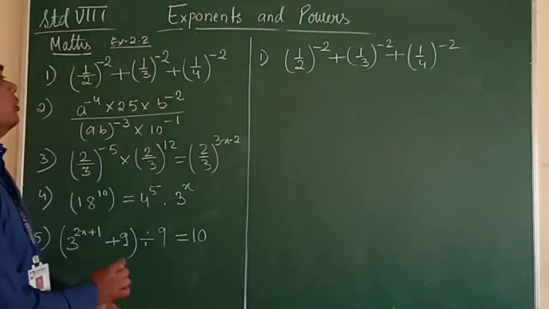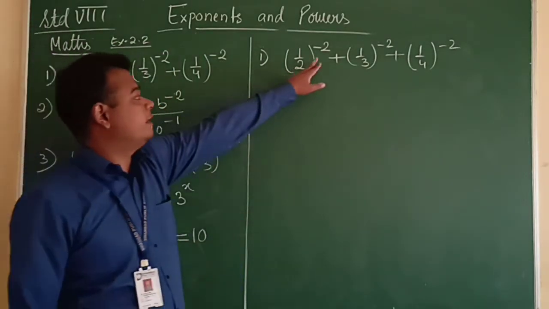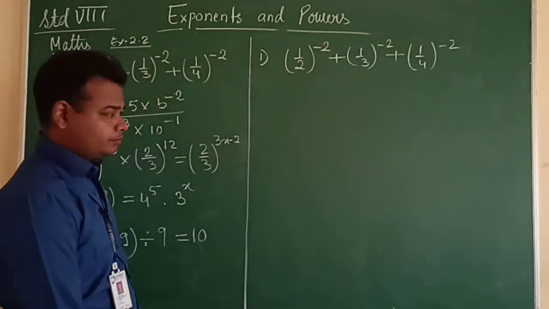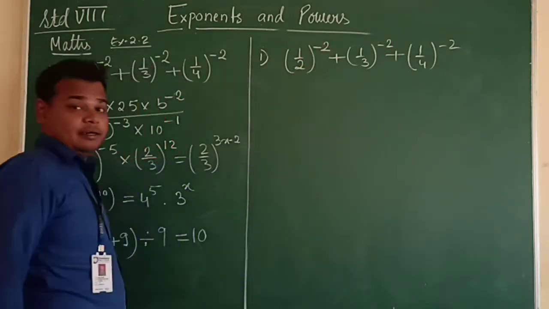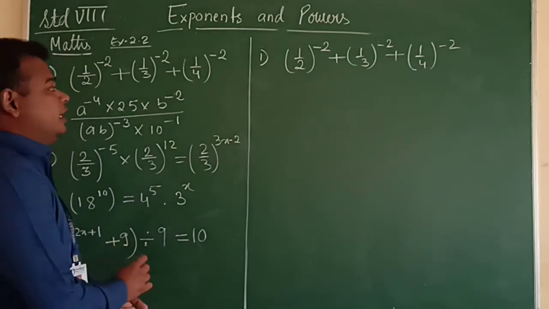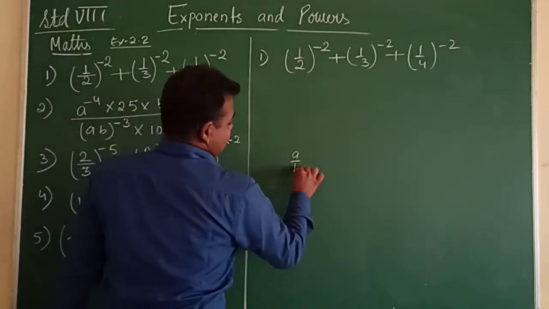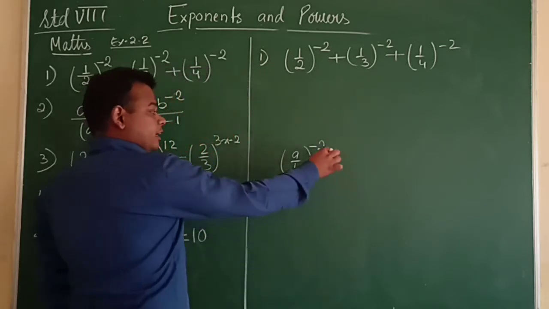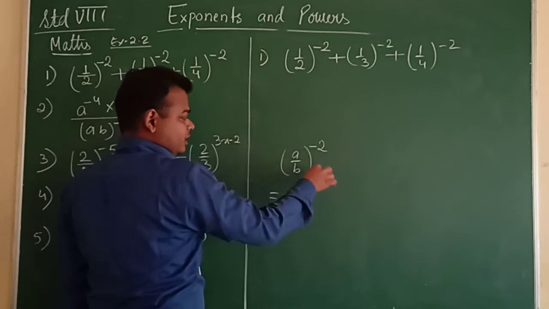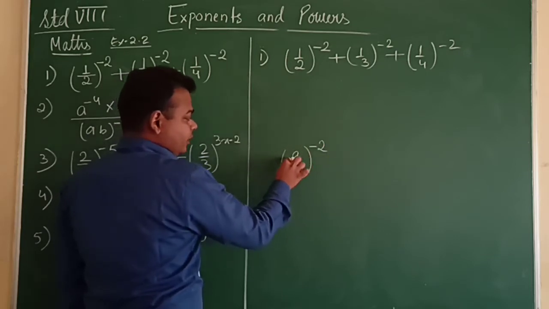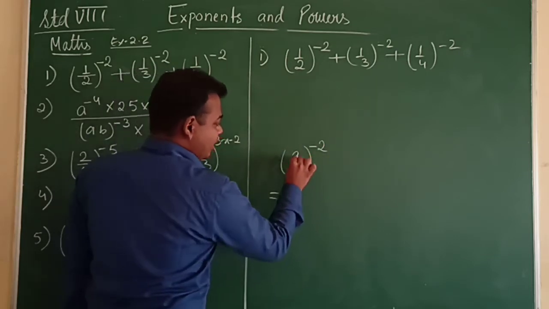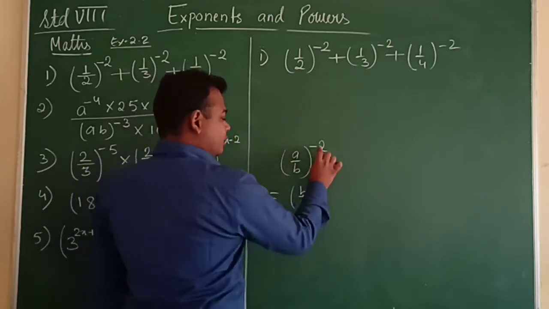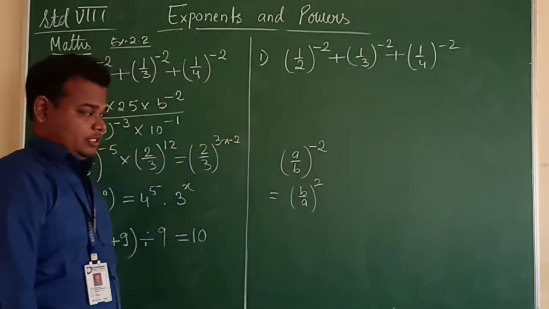Now students, whenever you get a power in negative form, try to convert the power into its positive form, as we have already learned in the laws of exponents. We can convert the power from negative to positive by taking the reciprocal. So a by b will become b by a, and the power will become positive.